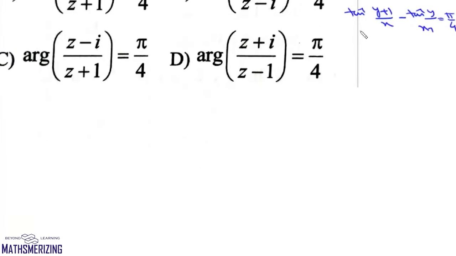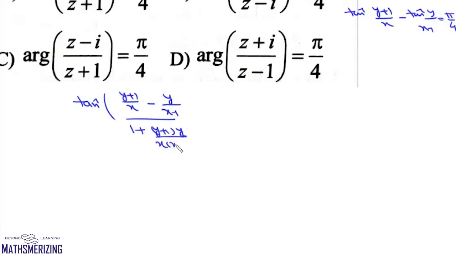Now we'll use tan inverse a minus tan inverse b. We can write tan inverse of [(y plus 1) upon x minus y upon (x minus 1)] upon [1 plus (y plus 1) y upon x into (x minus 1)], and it is pi by 4. Now we'll take tan to the right hand side.